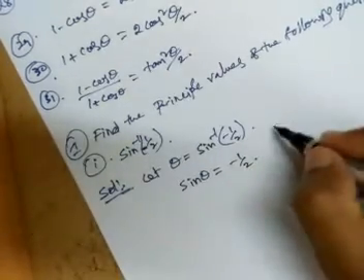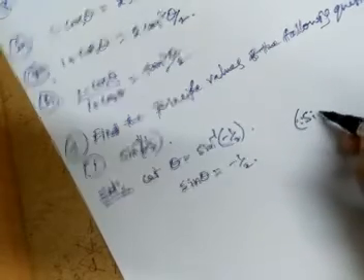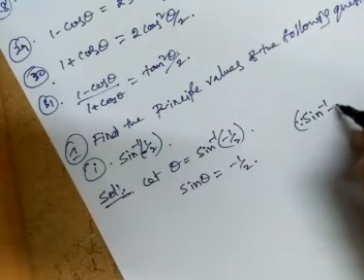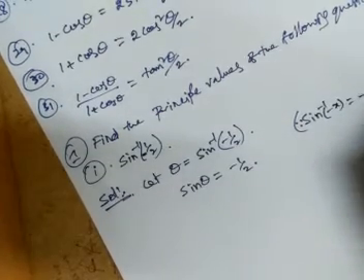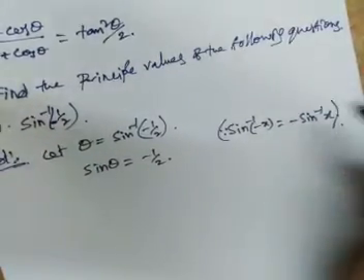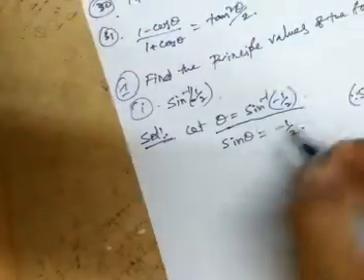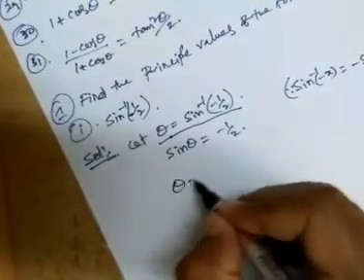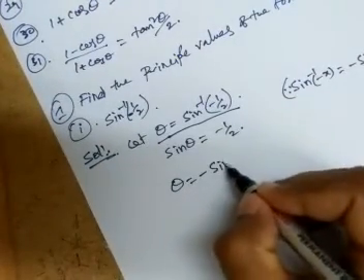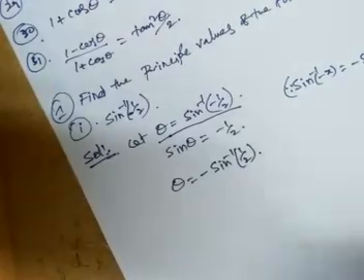Or you can apply the formula here, that is, sine inverse of minus x equals minus of sine inverse of x. So this expression becomes theta equals minus of sine inverse of 1 by 2.